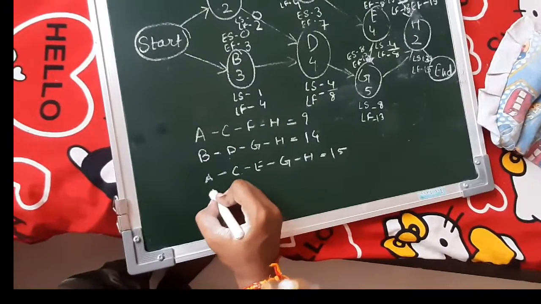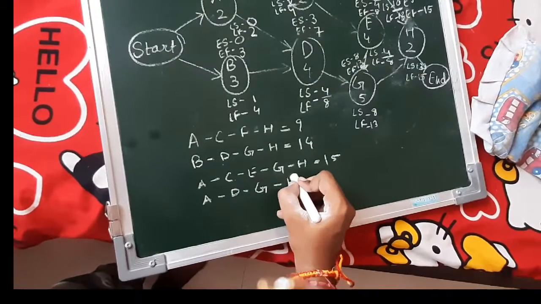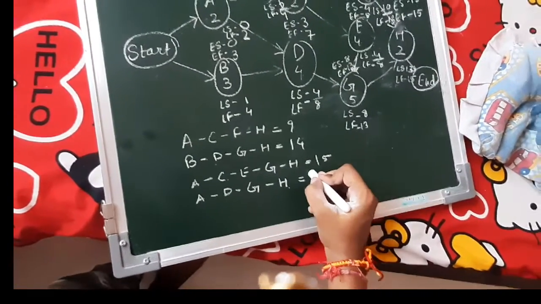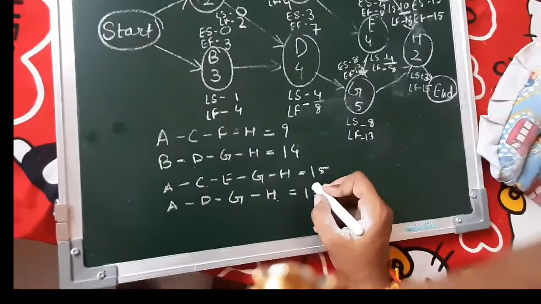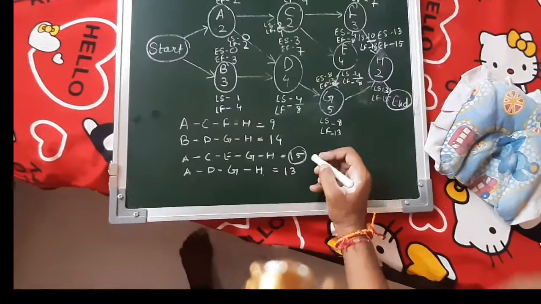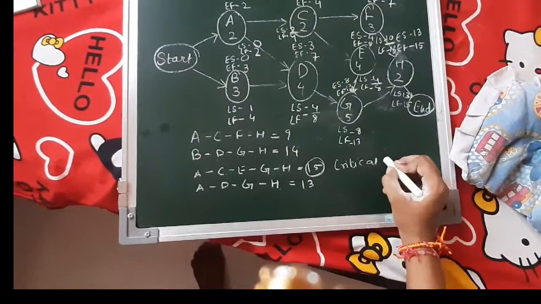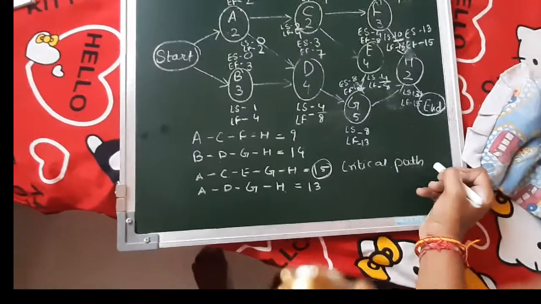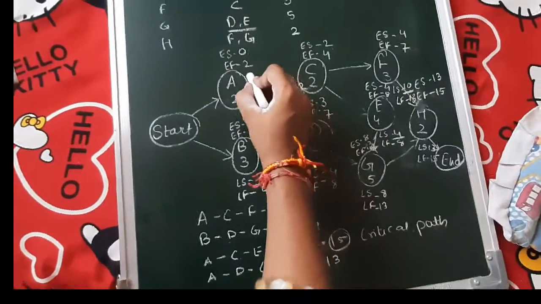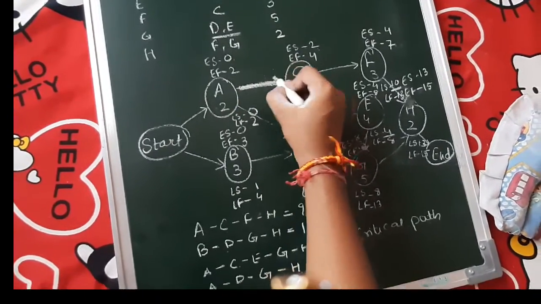And for the last path, A, D, G, H, the time taken becomes 13. So the path with maximum time is 15. So it is our critical path. We have to highlight the critical path.